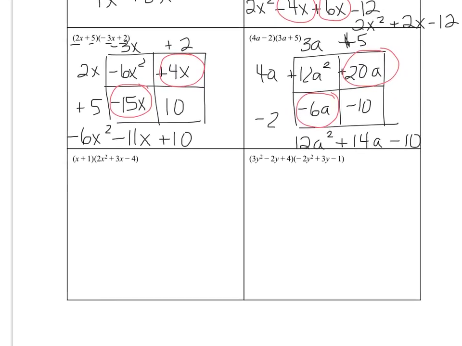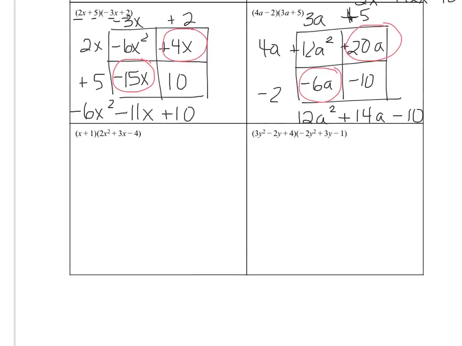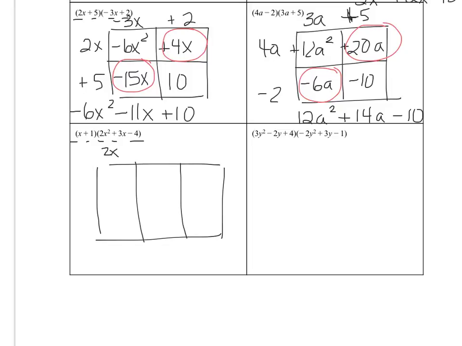All right, let's see if it works for some bigger polynomials. In this one, we've got a binomial, two terms, times a trinomial, three terms. So I'm going to make three columns, 2x squared plus 3x minus 4, and two rows, x plus 1, and I'm going to do the same thing.